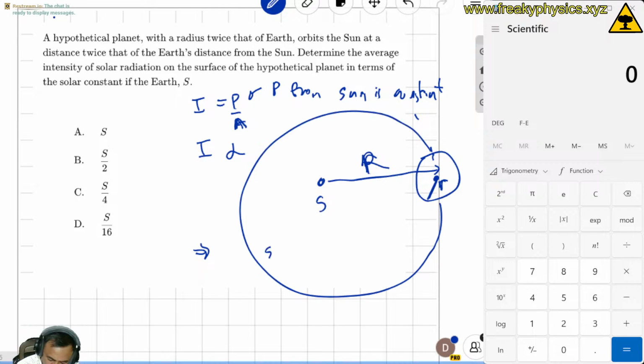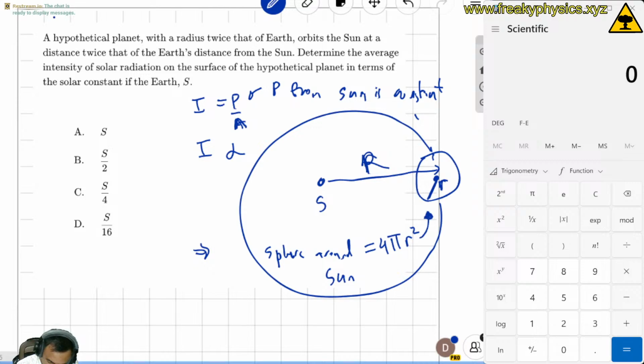So this is the Sun, and this is the sphere around the Sun. The area of that sphere is gonna be 4 pi R squared. Right? That's the area of that sphere.